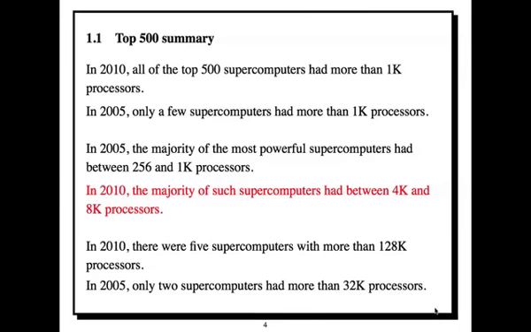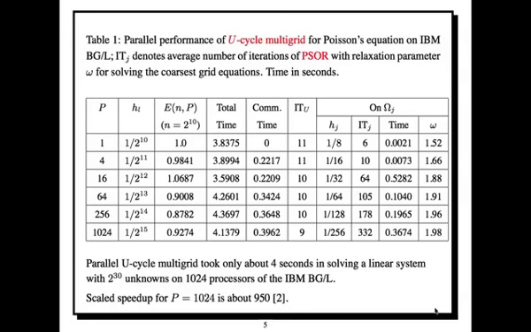The majority of the supercomputers today have between 4,000 and 8,000 processors. So that's the scale we should be thinking about today, and as that distribution is moving to the right, I project that in the next 5 years, this will have scaled up correspondingly. And today there are 5 supercomputers with more than 100,000 processors. So this is big. This is very big.